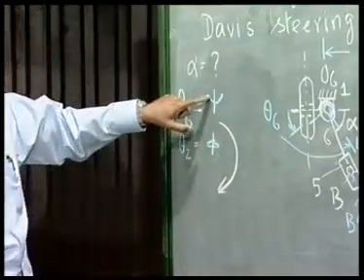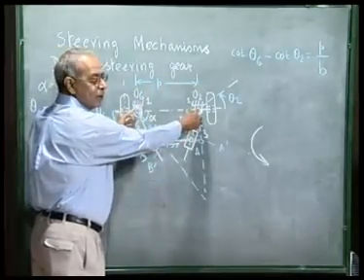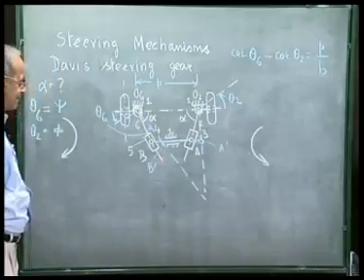And we said cot psi minus cot phi should be P by B, where P is the distance between the pivots and B is the wheel base.